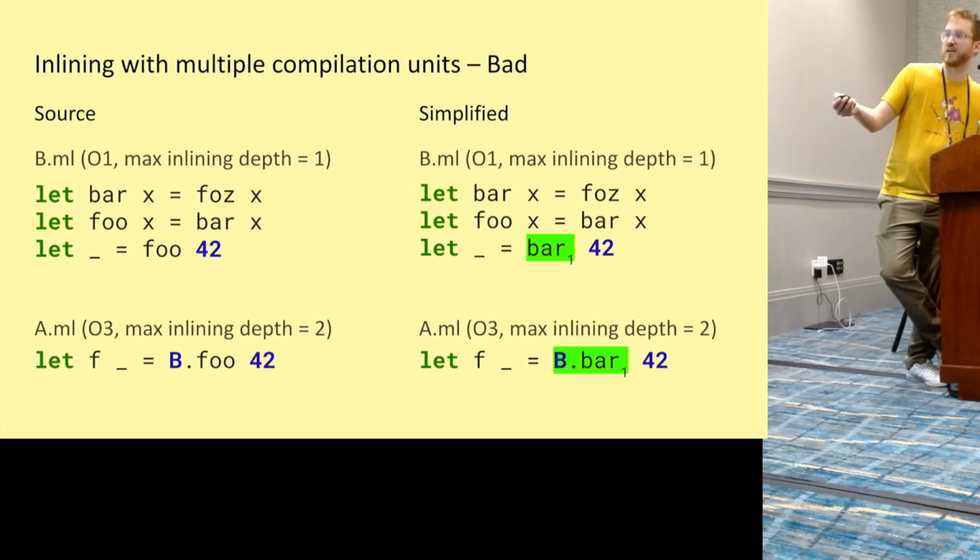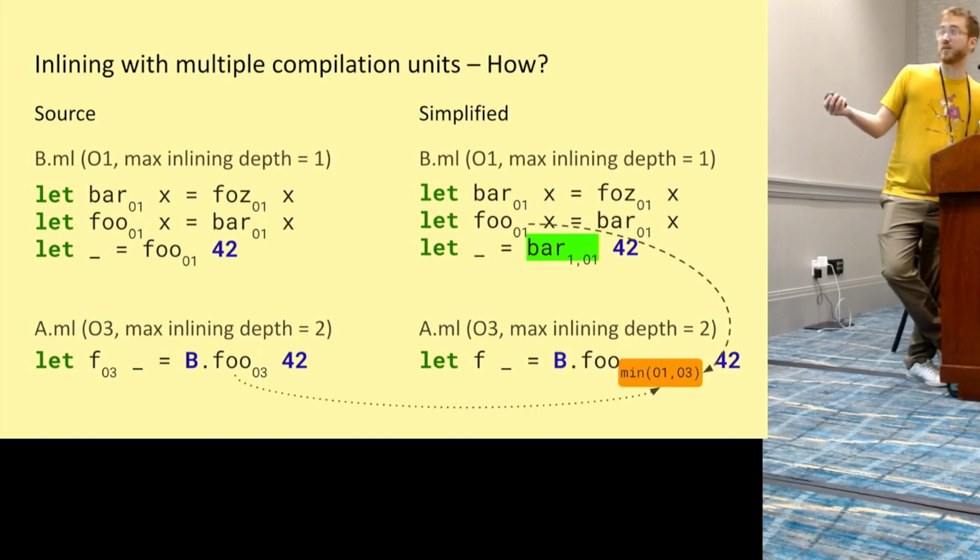And there I'm going to inline b.foo, that makes a call to b.bar appear. And then maybe I can inline it a bit further and make fuzz appear. And that has an inlining depth of 2. But in b.ml, we say that B can only be compiled with a maximum inlining depth of 1. So that's quite bad, because we just exported more information from B than was required to. And the correct behavior is just to stop inlining.